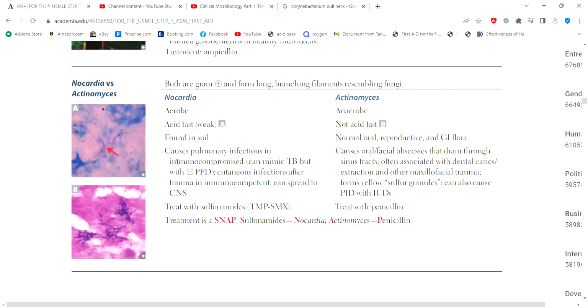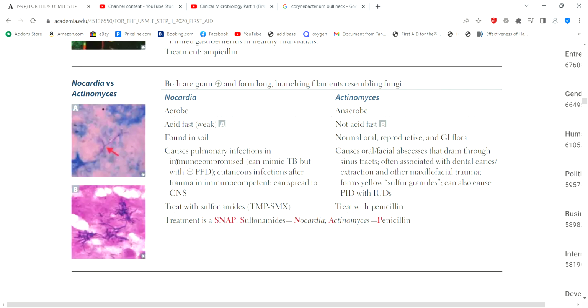Nocardia is catalase positive. So remember, chronic granulomatous disease patients have increased risk of infection with catalase positive bacteria.